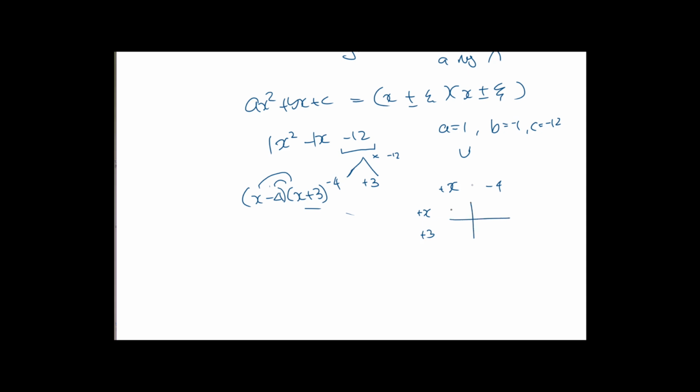So x times x is x squared, minus 4 times x is minus 4x, 3 times x is plus 3x, and 3 times negative 4 is negative 12, and then we can collect up those terms. So x squared, 3x minus 4x is minus 1x.